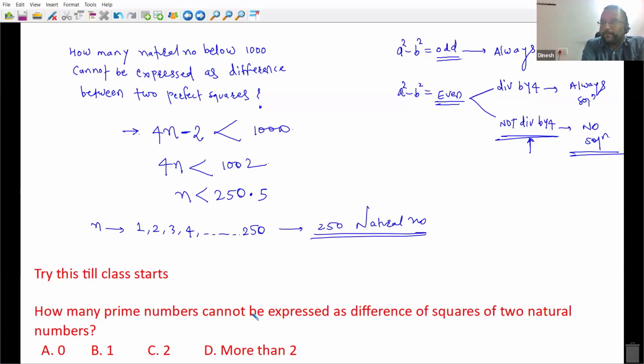Are we getting this, everyone? All other numbers we can express. Which option is the answer of this question? Which option? A, B, C, D? Tell me.